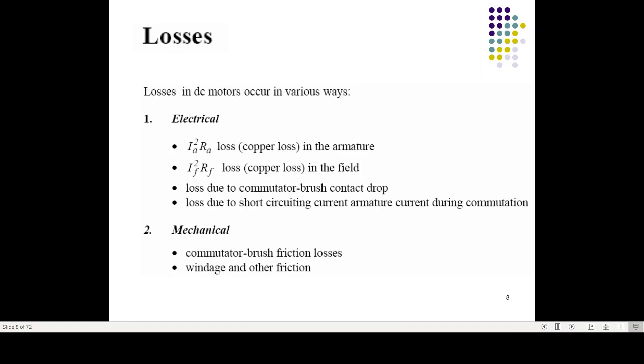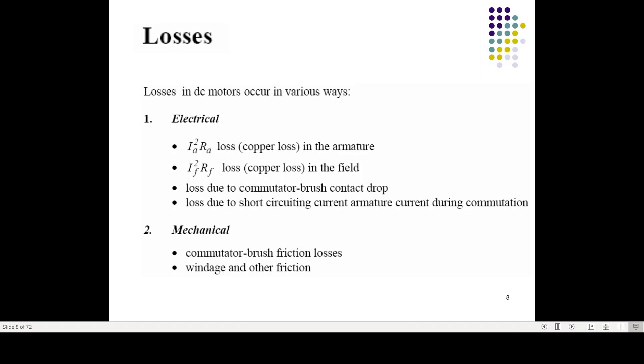Okay, and in DC motor there are broadly four main categories of energy loss. The first one is electrical losses or copper losses, or we can call it winding losses. The copper losses are the winding losses taking place when current flows through the winding, armature and field winding.